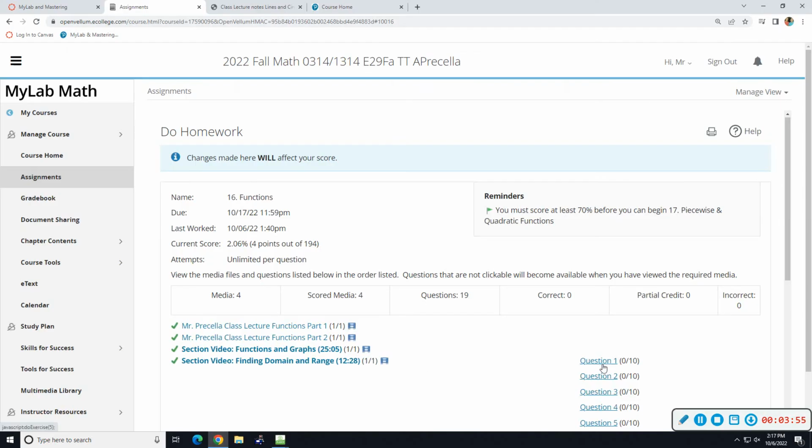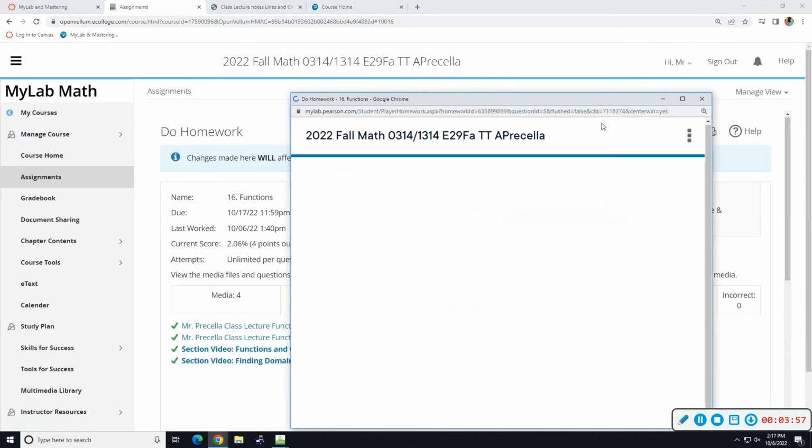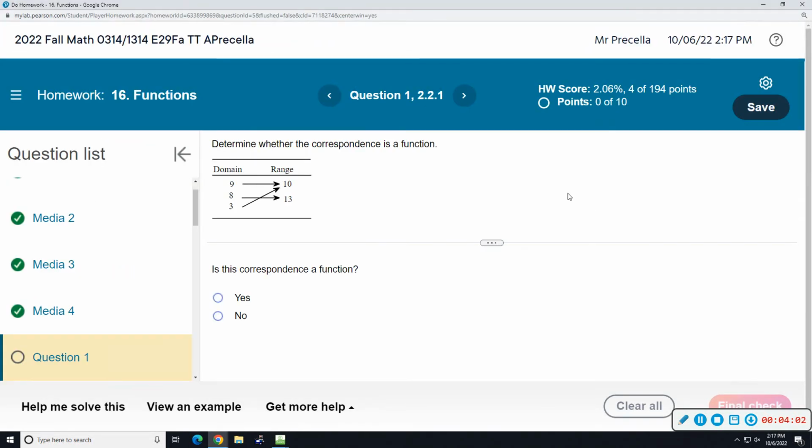Let's look at problem number 1. Determine whether the correspondence is a function. Well, they're using the word correspondence the way I'm using rule. Let me write this problem down.